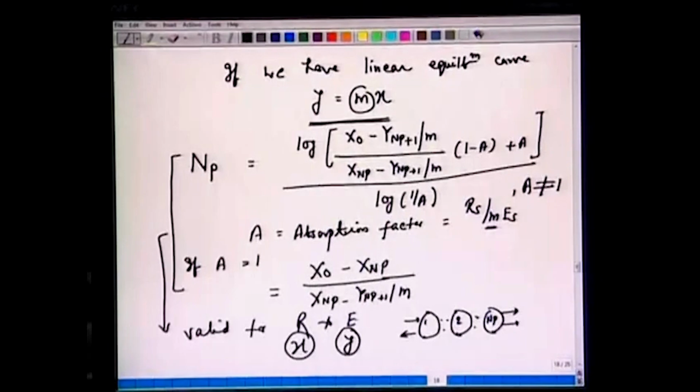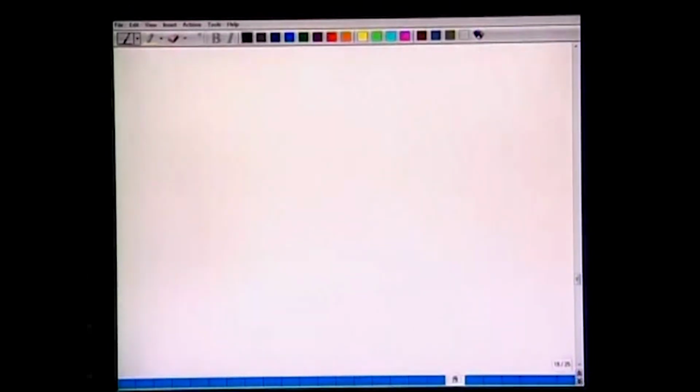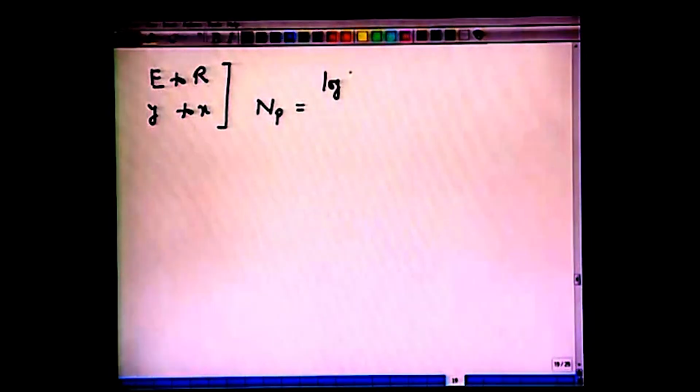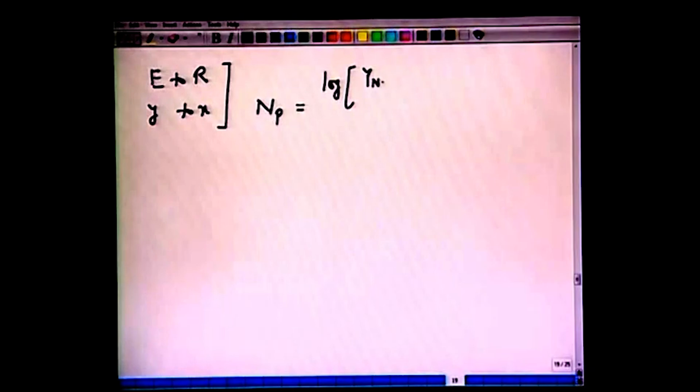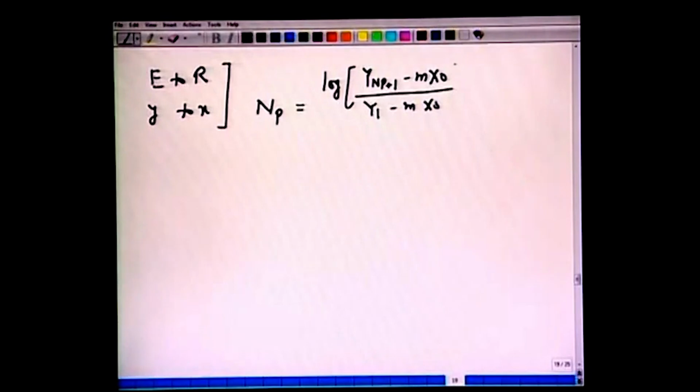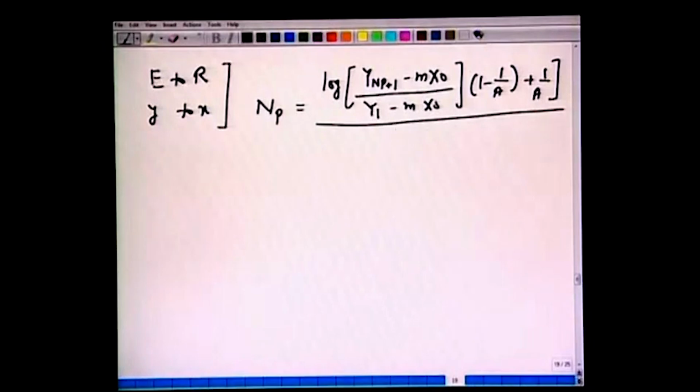Similarly, if we have transfer from E to R phase, or Y to X, then we have slightly different expressions for NP: log of [(y NP plus 1 minus m x0) over (y1 minus m x0)] times (1 minus 1 over A) plus 1 over A, over log A. This is if A does not equal 1.